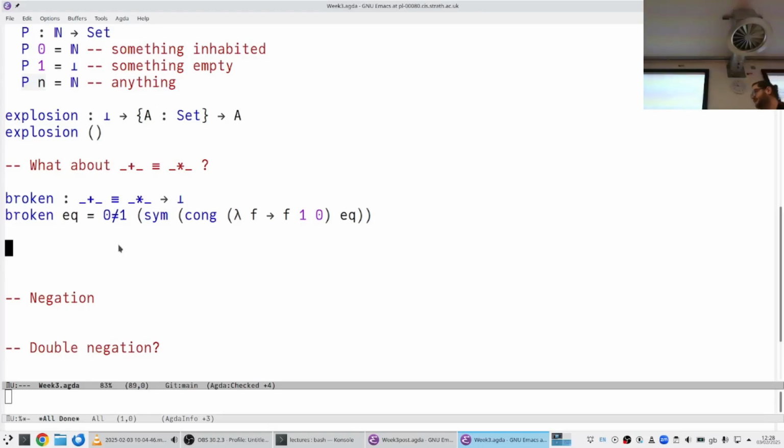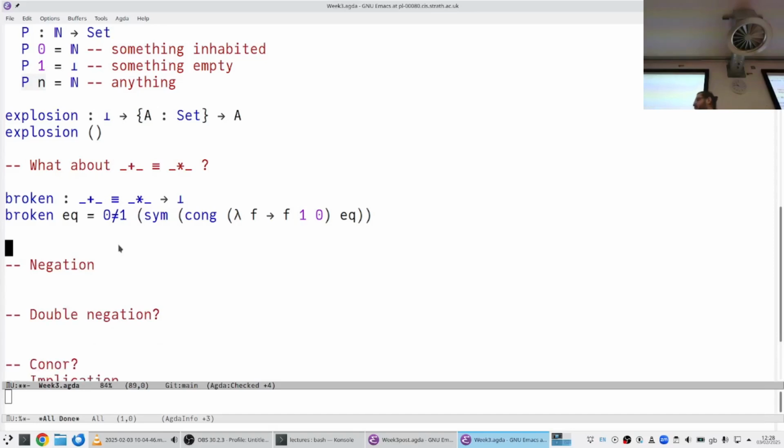Does someone want to do double negation elimination? Double negation elimination. Why would I want to do that? Well, double negation in general, you might want to introduce it. Well, okay, we haven't said what negation is.